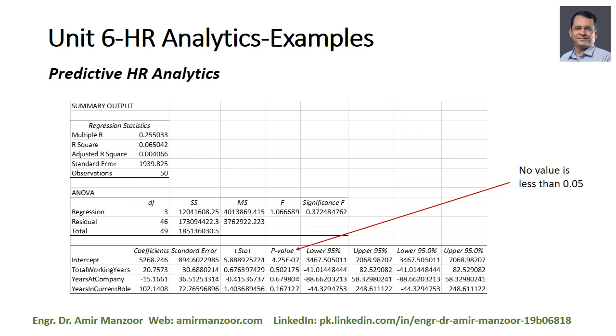Now here we can see that the p-value of none of the independent variables is less than 0.05. That simply means that none of the independent variables has any statistically significant impact on the dependent variable, that is monthly income.